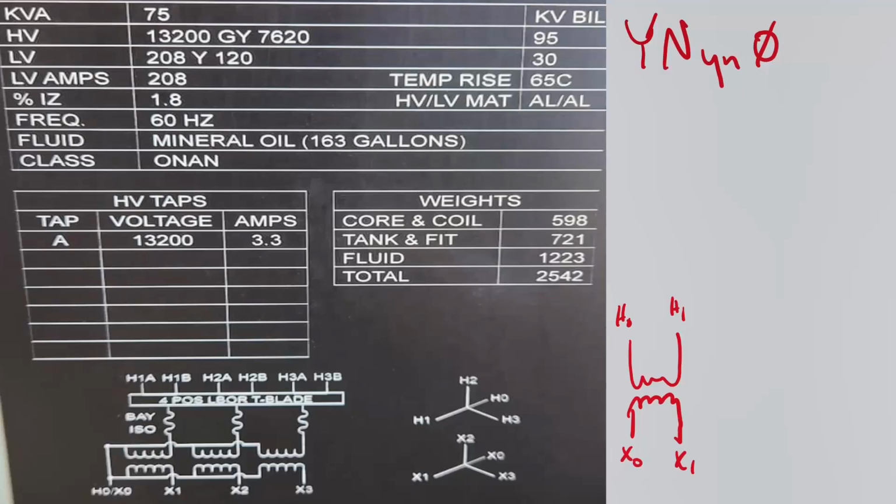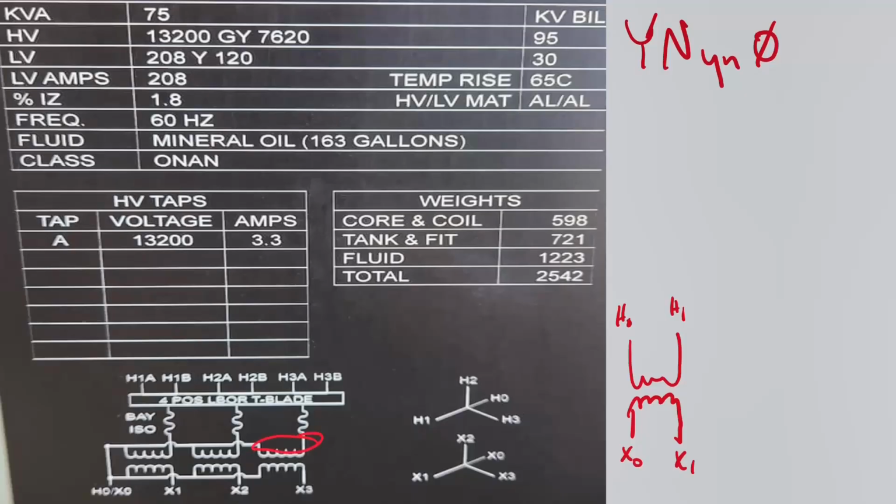Now, people get it confused between how many phases versus how many windings, right? This is a three-phase transformer. You have H1, 2, and 3. How many windings is this? This is a 2-winding transformer. I have a Y and a Y, okay? Now, what I like to say is how many coils are in this transformer? There's 6.